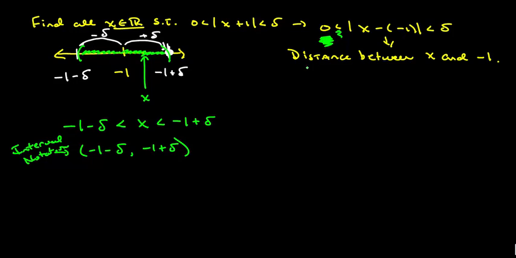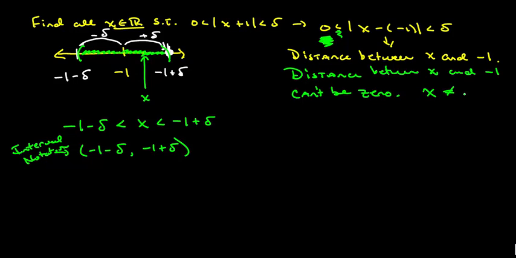So what we're saying is the distance between x and negative 1 can't be 0. What that really means is that x cannot be equal to negative 1. So that's another restriction here that we don't have, so we have to add that in there.